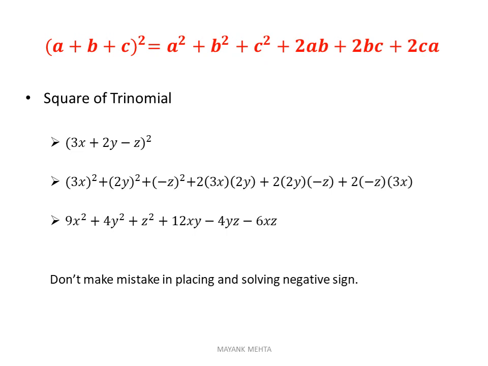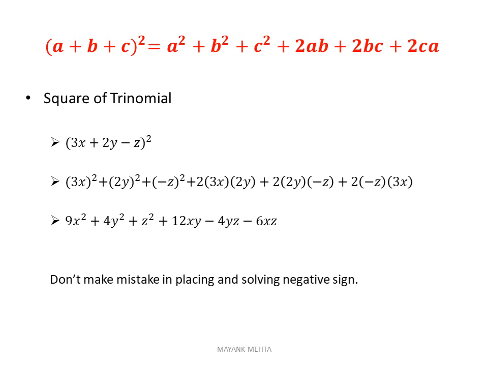For the square of a trinomial, I have taken one example. Here I have taken a negative sign also, so that you can come to know what to do when there is a negative term in a trinomial.